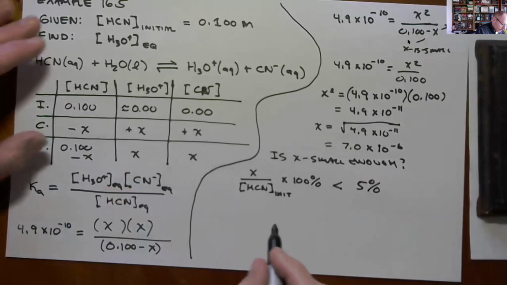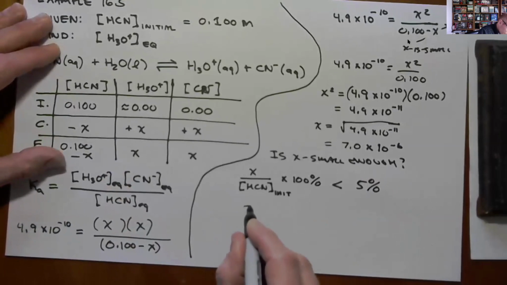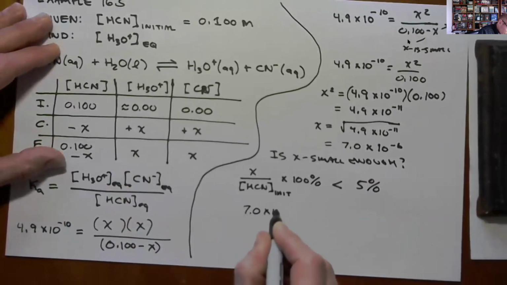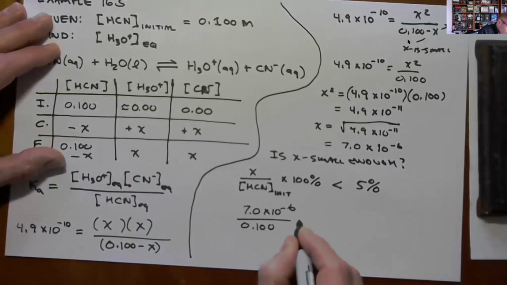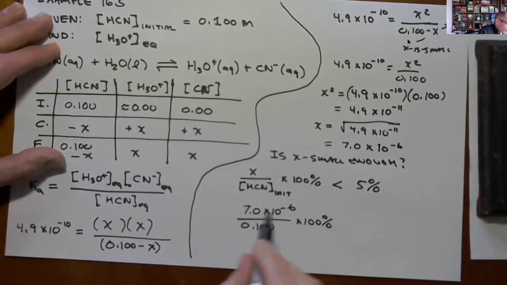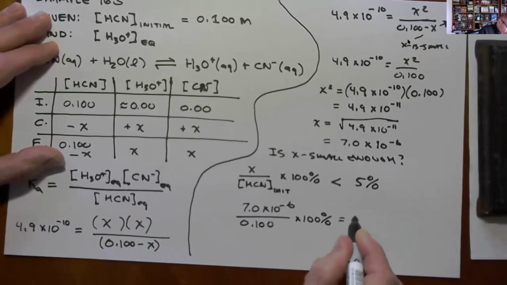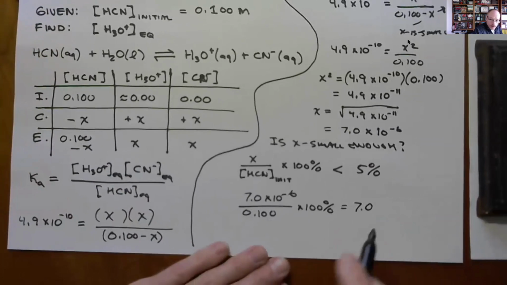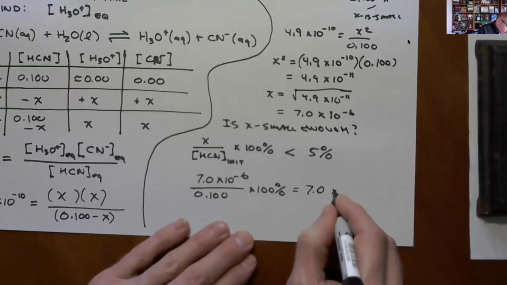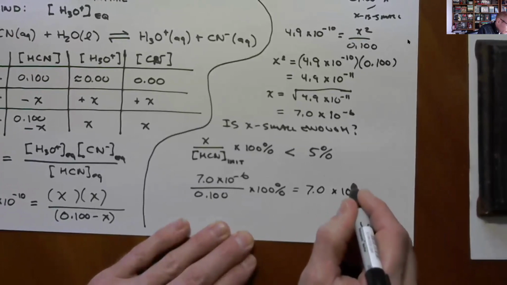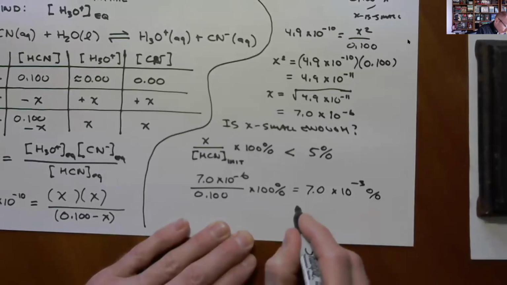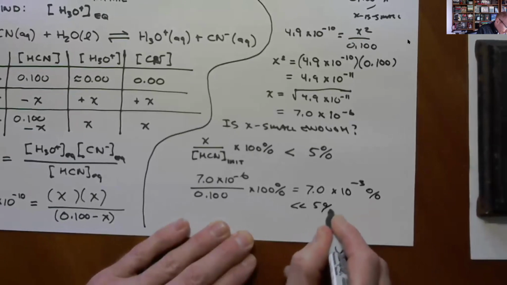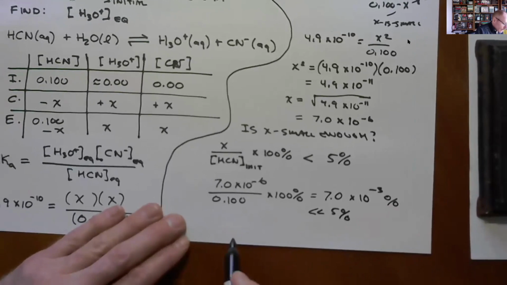In this case, this evaluates to 7.0 times 10 to the minus 6 divided by 0.100 times 100%, and that is 7.0 times 10 to the minus 3%, which is, yes, way less than 5%. So X is small, it's justified.